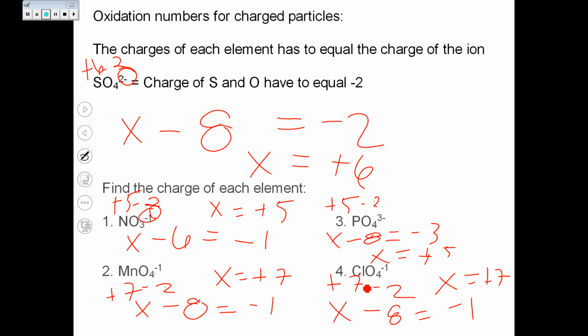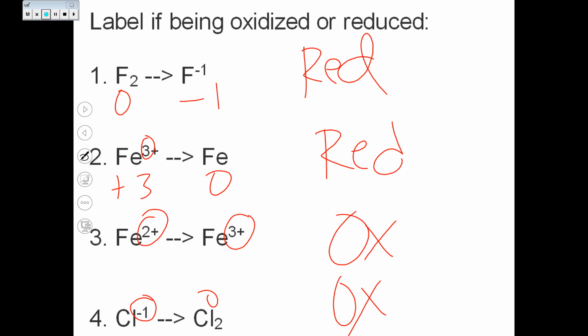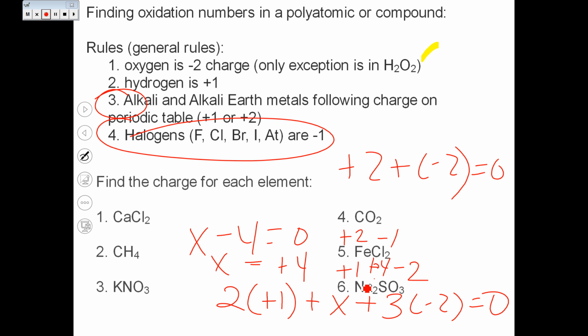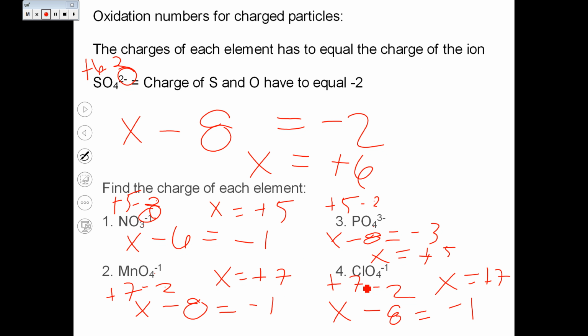Okay, so the question might be, oxygen is on this list back here, and so is chlorine. So why did you have to calculate the chlorine? If you have 2 elements from that list of rules, one of them will be set in stone, the one that's higher up on that list, and the other one you have to calculate.